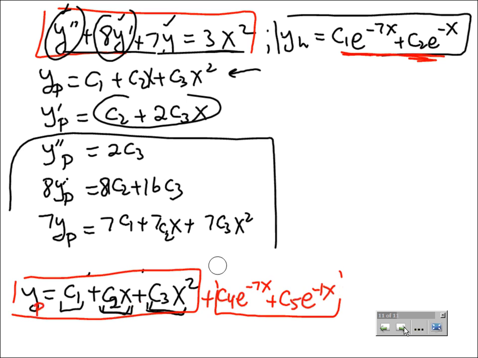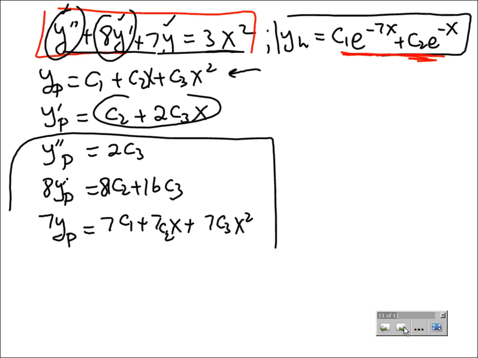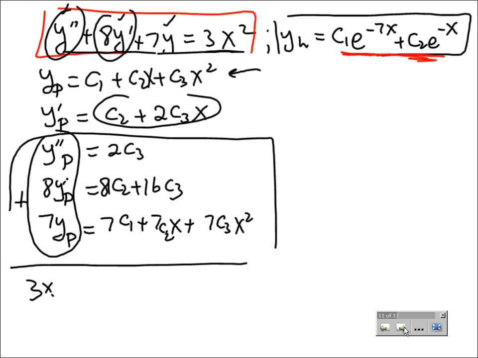And I add. When I add all of this, I get 3x squared. Why? Because y double prime plus 8y prime plus 7y, which is right there, equals 3x squared. When I add the left hand side, for the constant I get 2c3.